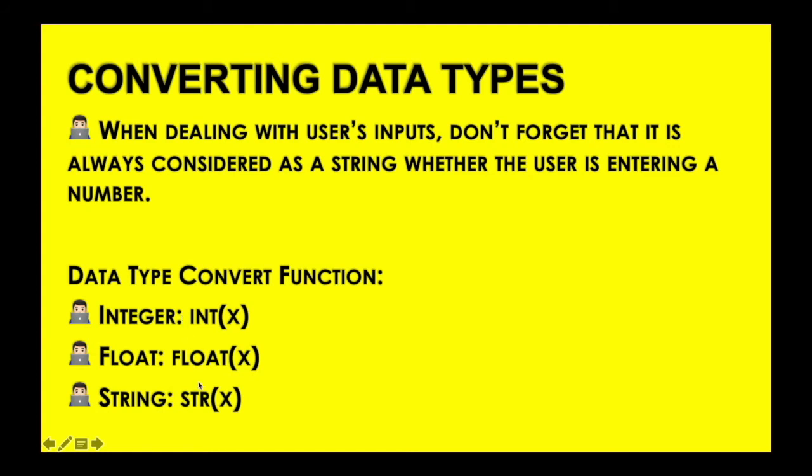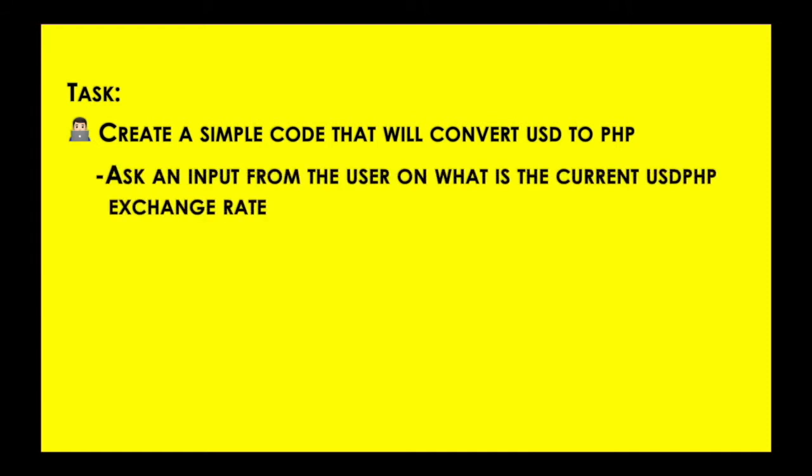Integer, float, and string. Okay, so for our task now, we should create a simple code that will convert US dollar to Philippine peso. And for that code, we should first ask an input from the user on what is the current USD PHP exchange rate, or the US dollar Philippine peso exchange rate.